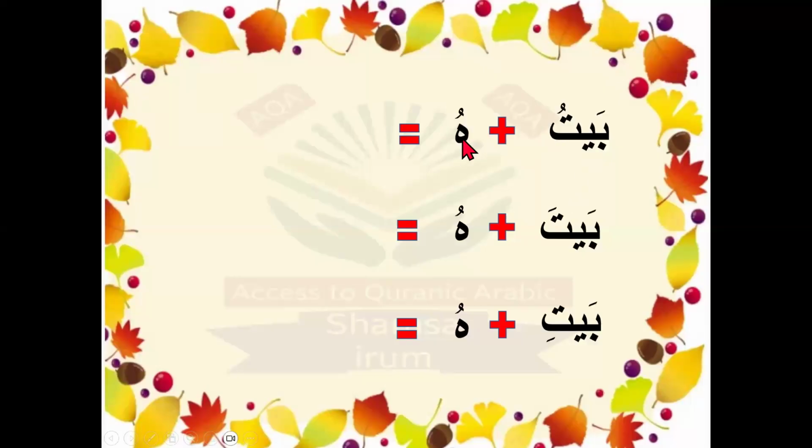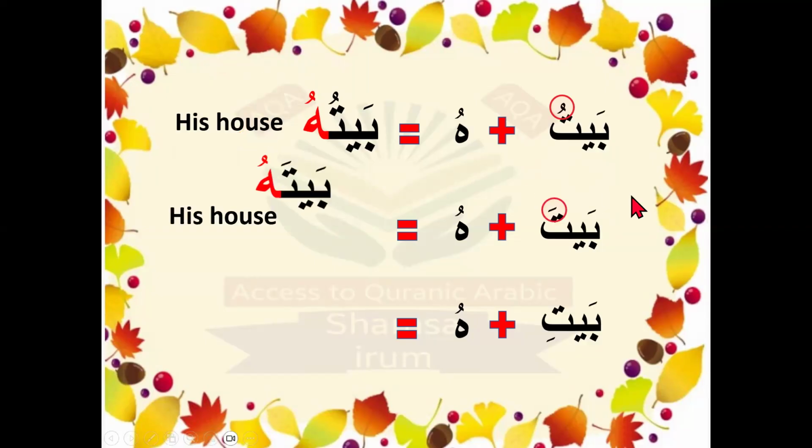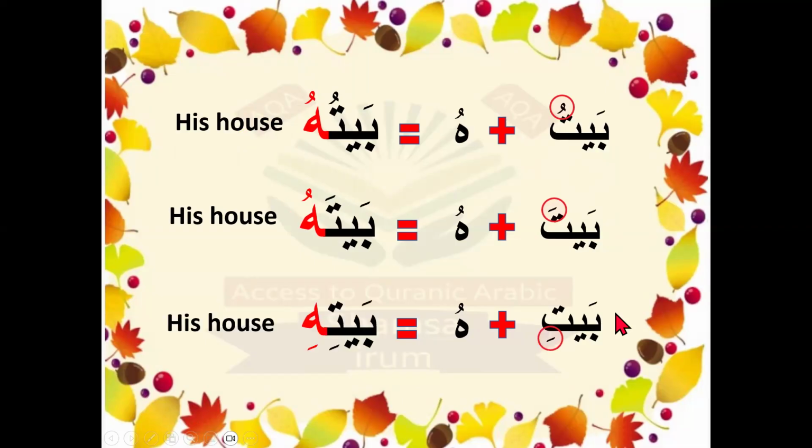Okay, let's move on, and you have to attach these things now. Baytu plus hu, the pronoun. This is a dhamma, straight mudaf, you will attach them, it will become baytuhu. Next one is bayta plus hu, attach them, baytahu. Next one is bayti plus hu, so it will become baytihi.